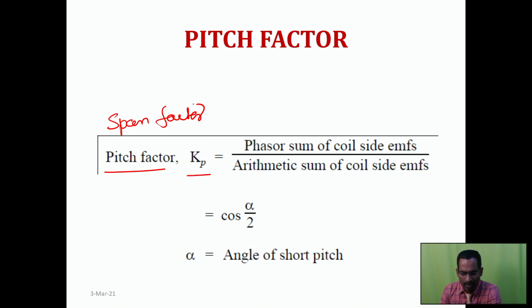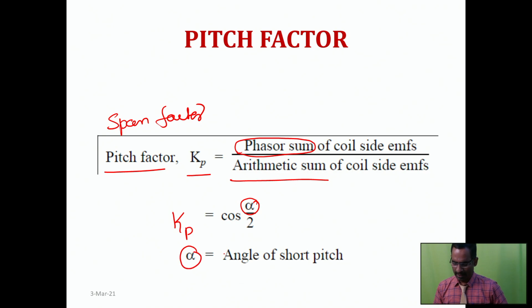If I am connecting the same coil in short pitch manner, I cannot do the arithmetic sum. It is phasor sum. So by using this formula, I can calculate the pitch factor K suffix P, cos alpha by 2. What is this alpha? This alpha is nothing but the angle of short pitch.